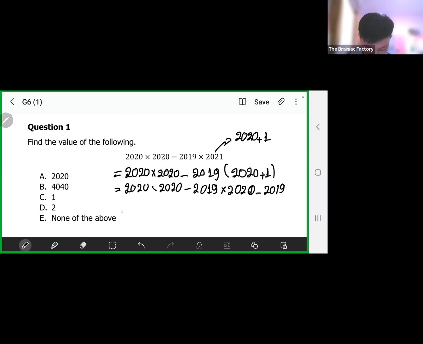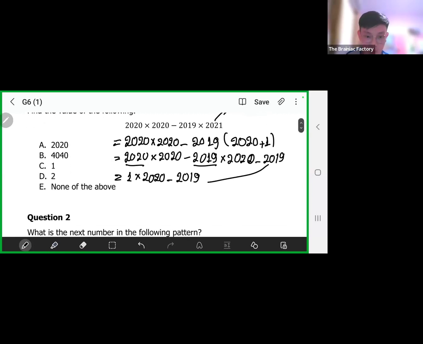So this is 2020 and 2019, and 2020 minus 2019 is going to give us 1. So 1 times 2020, and then minus 2019, which remains the same. So 2020 minus 2019 gives us 1. So whoever answered C, that is the correct answer.